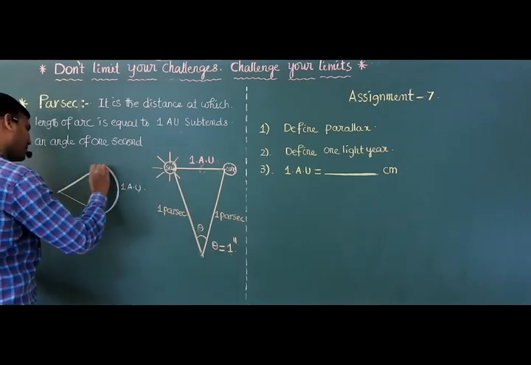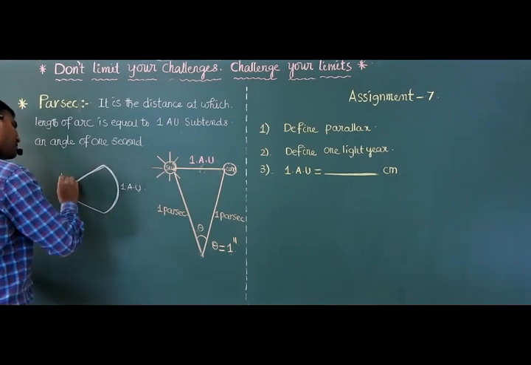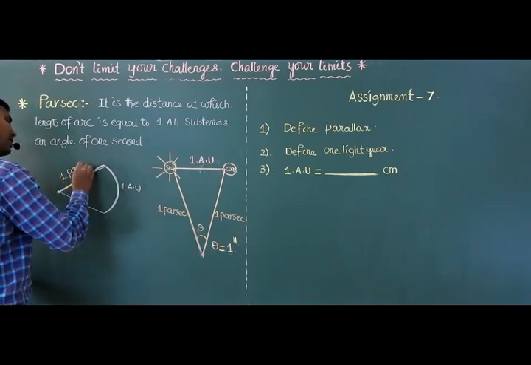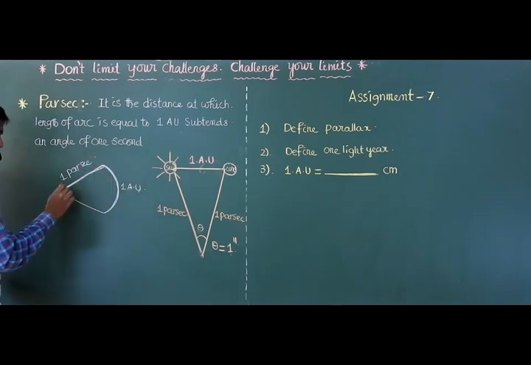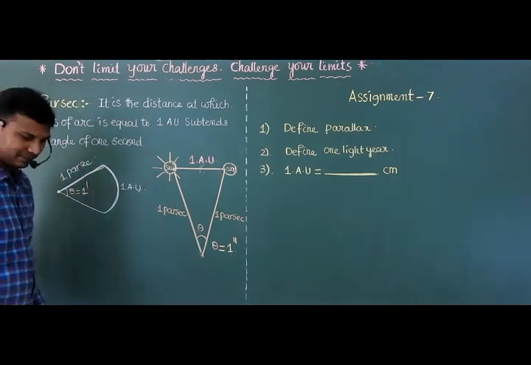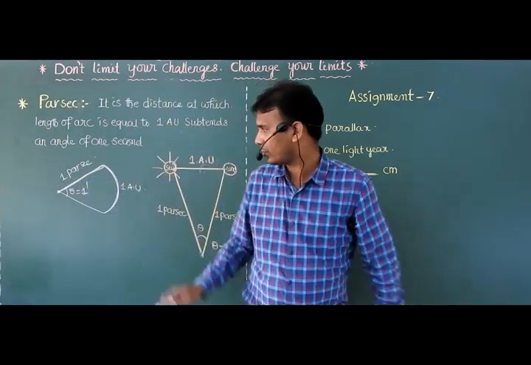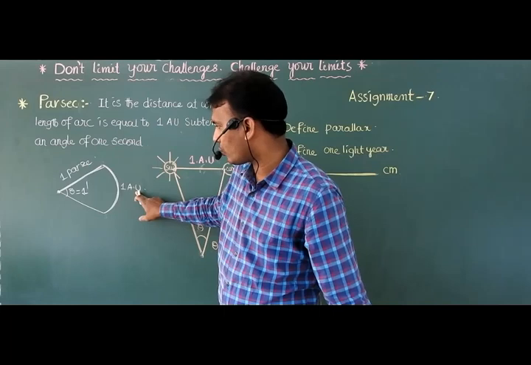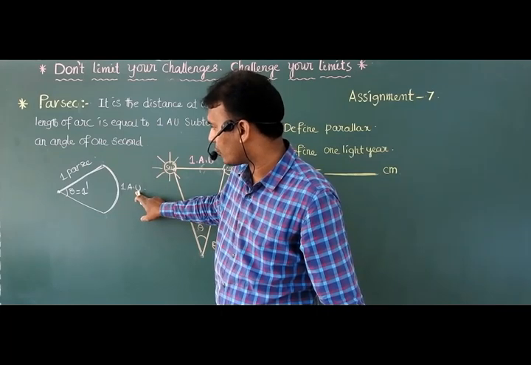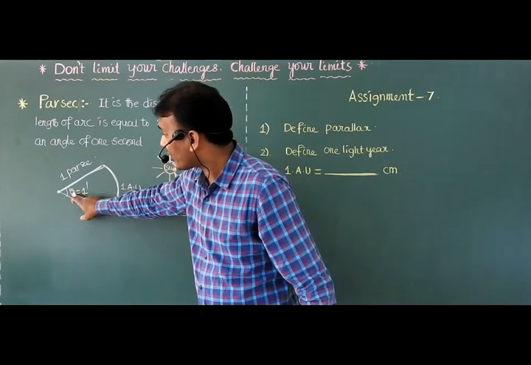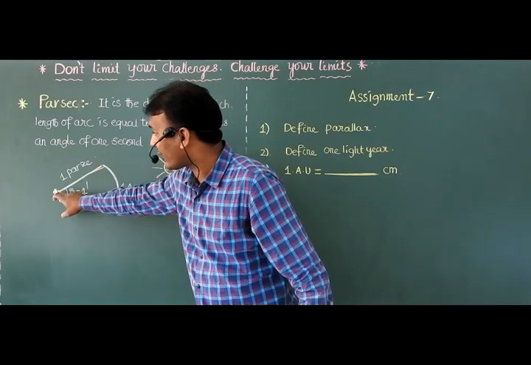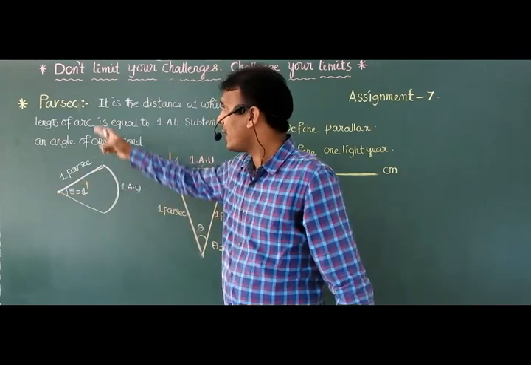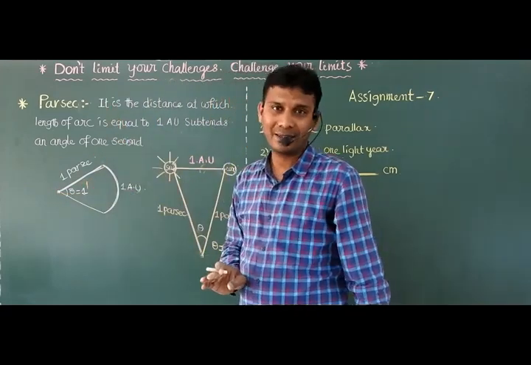Then this distance is 1 parsec, and this theta must be equal to 1 second. So the distance at which the length of an arc equal to 1 astronomical unit subtends an angle of 1 second at the center of the circle is known as a parsec.